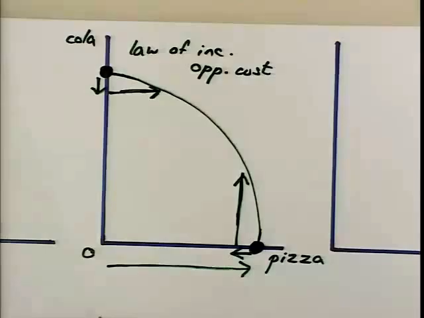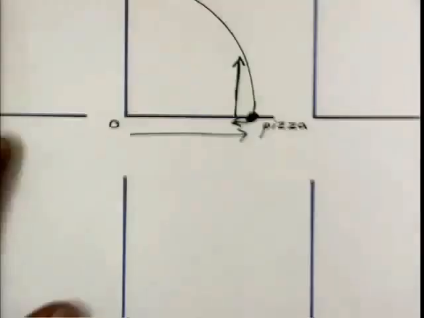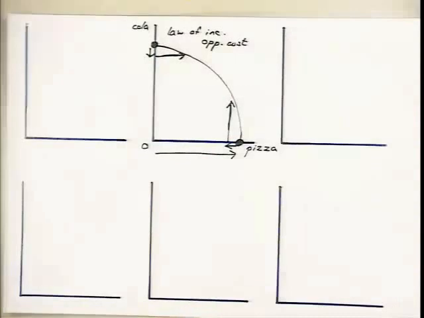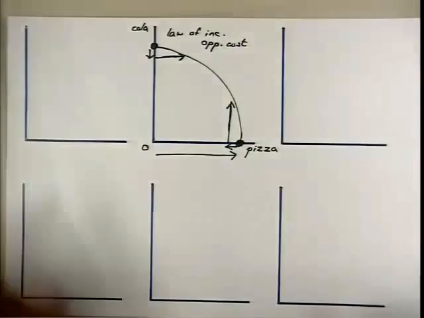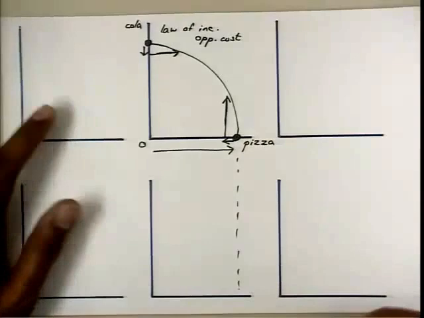But because resources aren't equally adaptable to making both products, the production possibilities ends up having a concave shape. It's called the law of increasing opportunity cost. Now, we use that, don't worry, you won't have six graphs. We use that to construct our marginal cost curve.